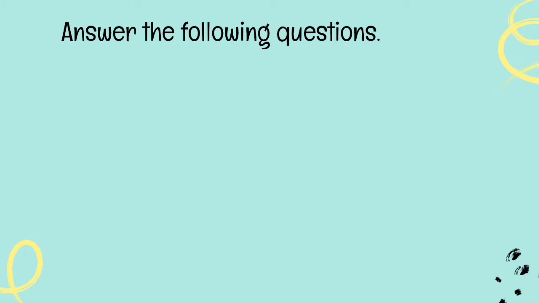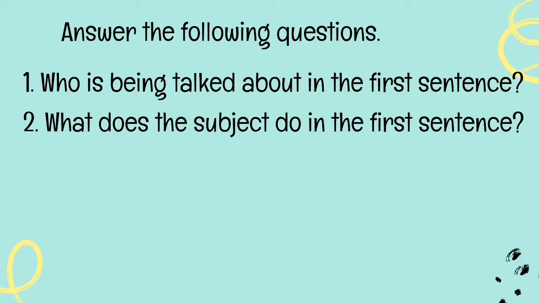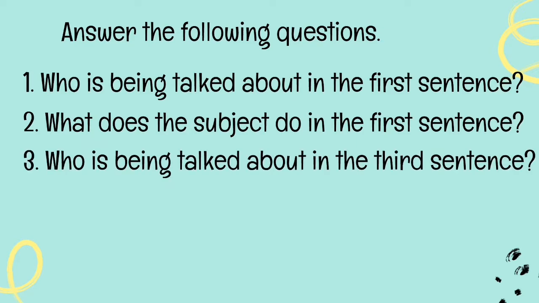Now, let us try to answer the following questions. Who is being talked about in the first sentence? Yes, it's Anne. Number 2. What does the subject do in the first sentence? Yes, it is love. Number 3.